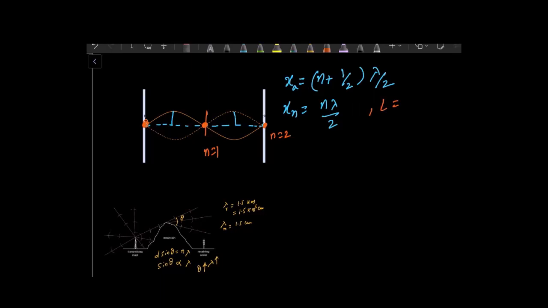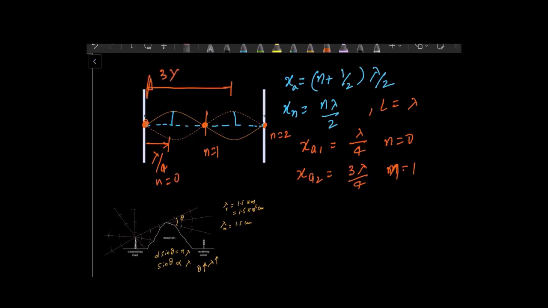For antinodes, we can write x antinode first for n is equal to 0, which is at lambda by 4. Another antinode, because there are two antinodes in the question, is for n is equal to 1, at 3 lambda by 4.